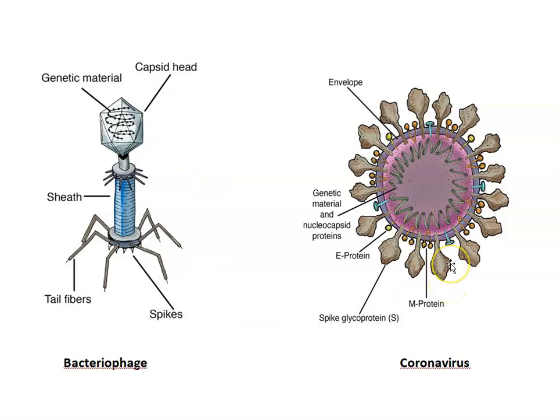The coronavirus symmetry is helical, meaning it forms a helix, just like in tobacco mosaic virus. But in the bacteriophage, this is the head and this is the tail part. The symmetry of the head is icosahedral. How these two symmetries are formed, we will discuss in the next lecture.